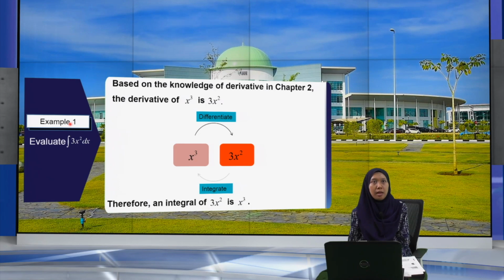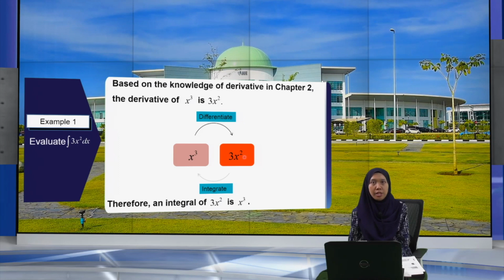Let's take a look at example 1. We want to evaluate the integral of 3x squared dx. Based on our knowledge of differentiation in chapter 2, the derivative of x cubed is 3x squared, or when we differentiate x cubed, we will get 3x squared.